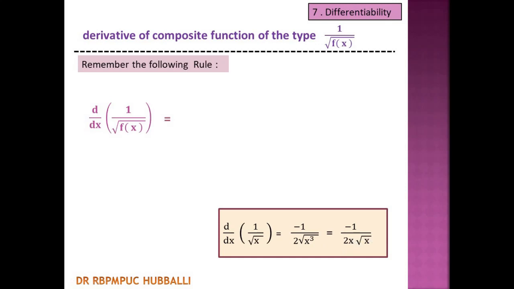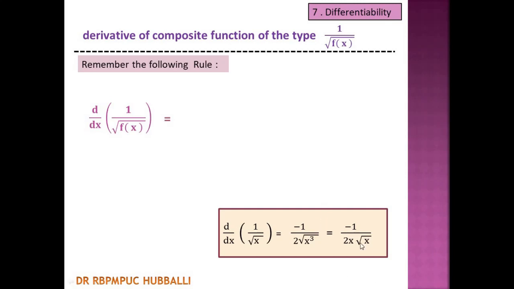Now suppose the composite function is of this type, so x is replaced by f of x. In this answer also you have to replace x by f of x, into d by dx of f of x. That means first we write this standard form, keeping the function as it is, where the x variable is changed to f of x, into d by dx of f of x.